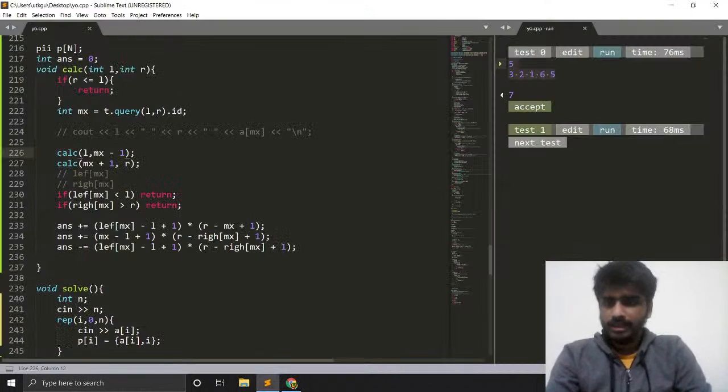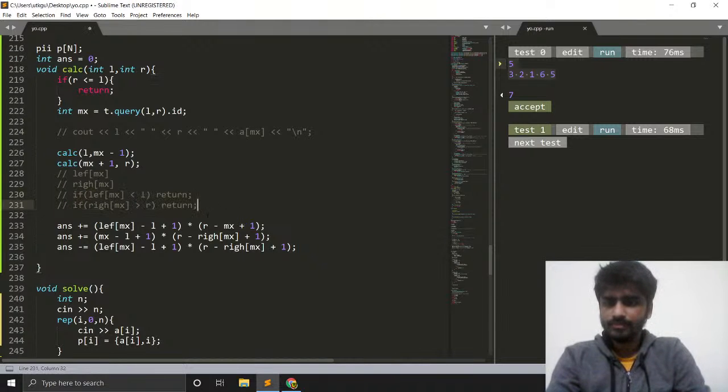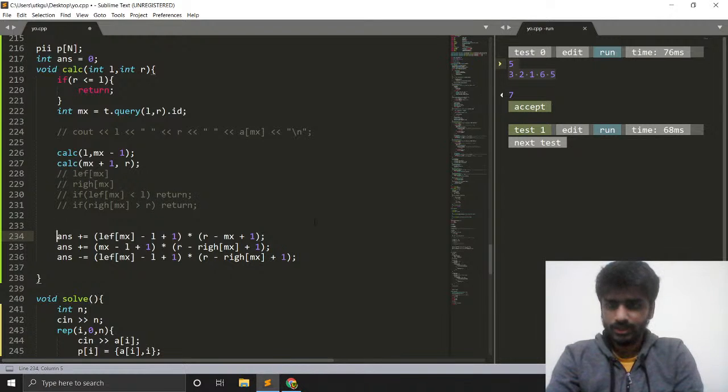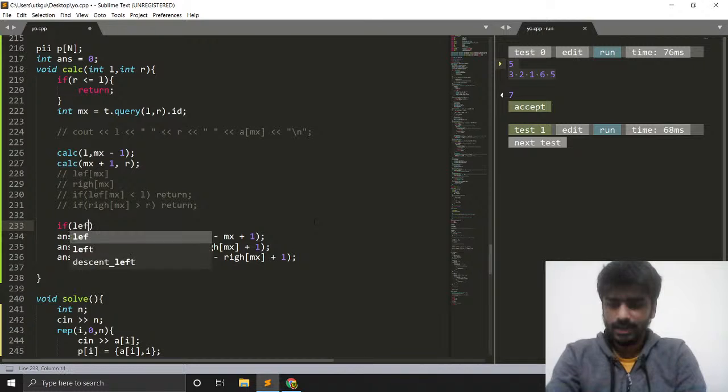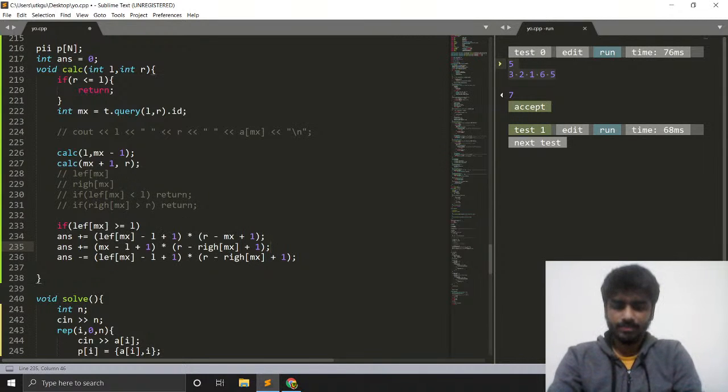Okay, so I think this is the actual mistake. We don't have to do this. So it's about doing it step by step. If left of mx is greater equal to L, then only we can do this step.